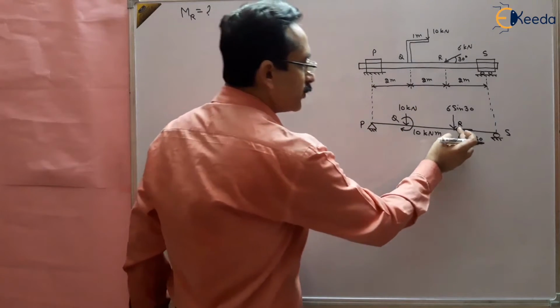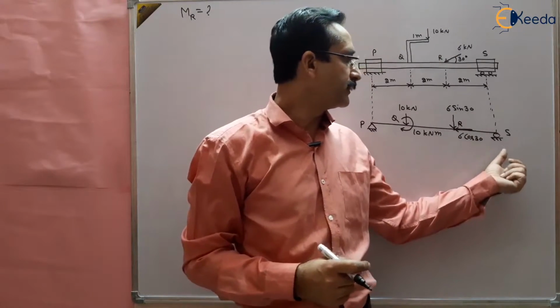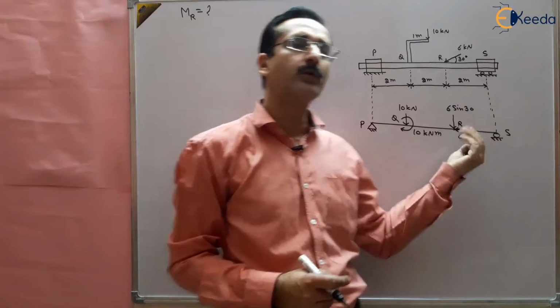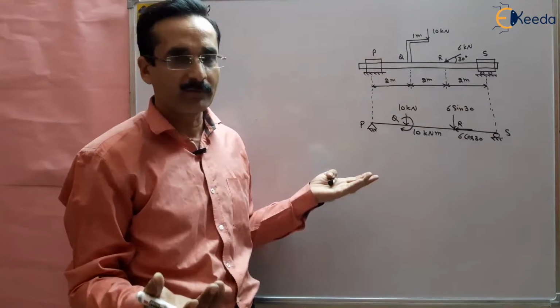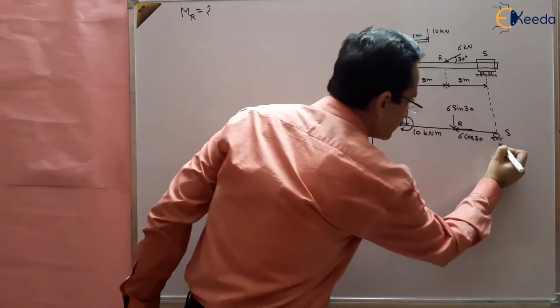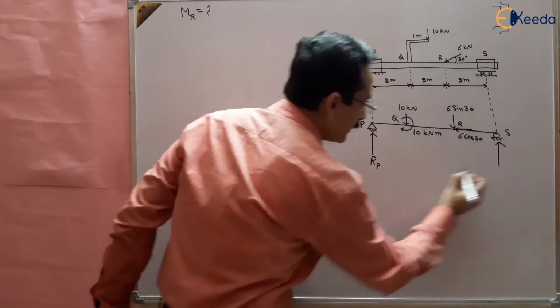So how do we find the moment at point R? First we have to find the reactions, and to find the reactions we can take moments to the right or to the left of the section, wherever it is comfortable. Let us find the reactions at the two points, RP and RS.